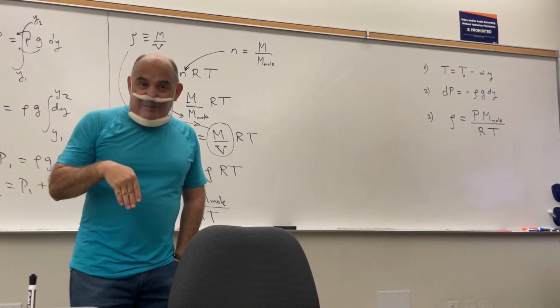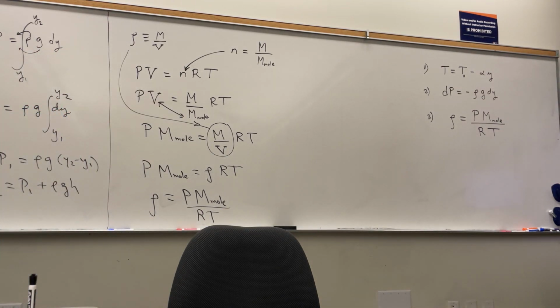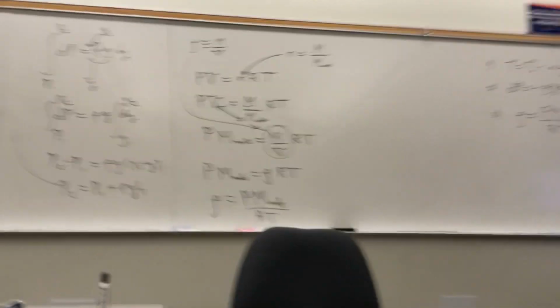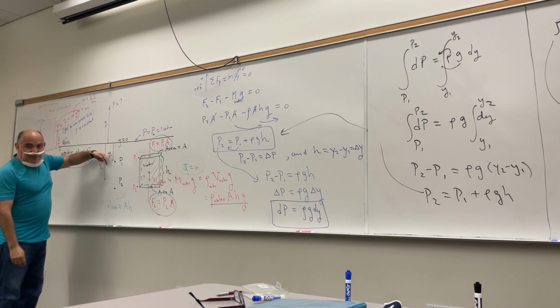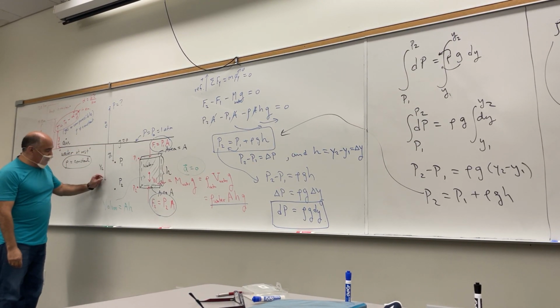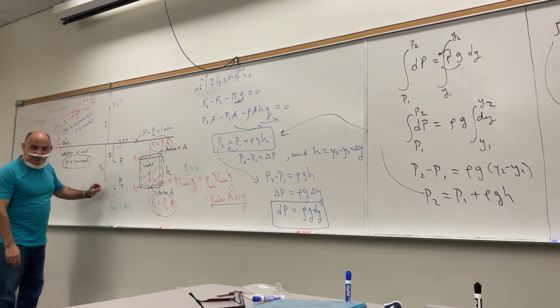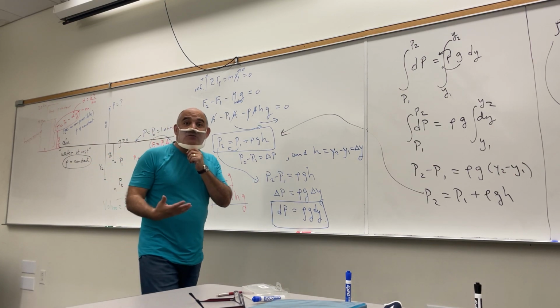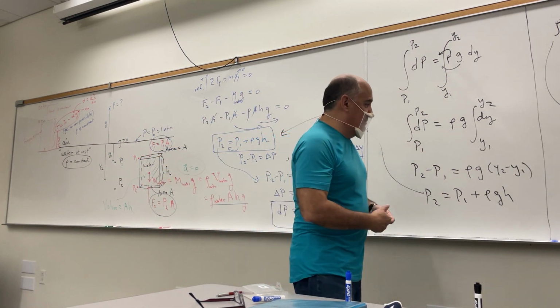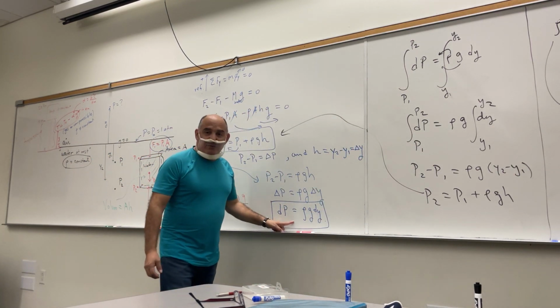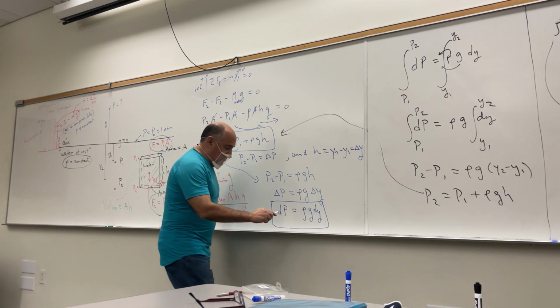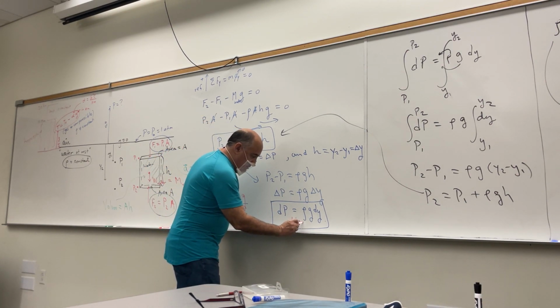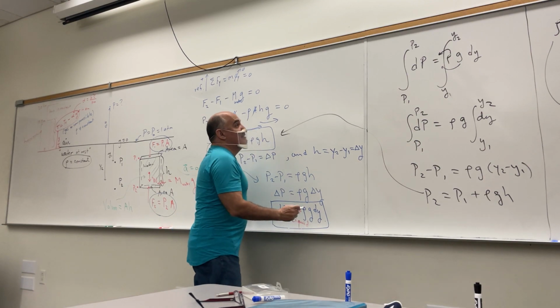But in the case of a liquid, for example water, you measure the depth y going this way. As you go deeper and deeper, as you change by dy, the pressure gets bigger. So there's an increase. The delta P is positive. So this is what you have for a liquid, with a plus.